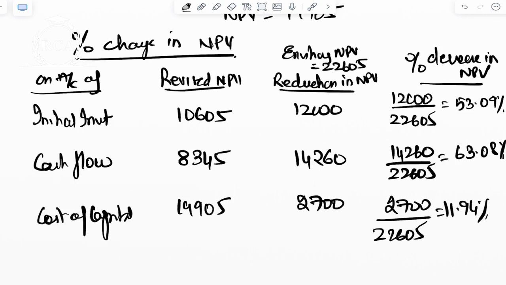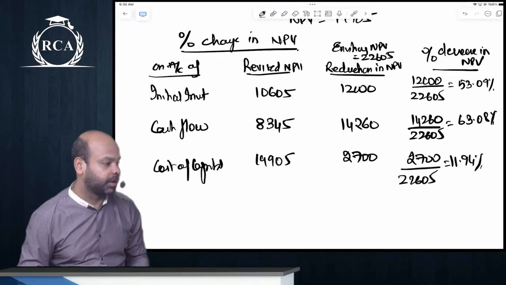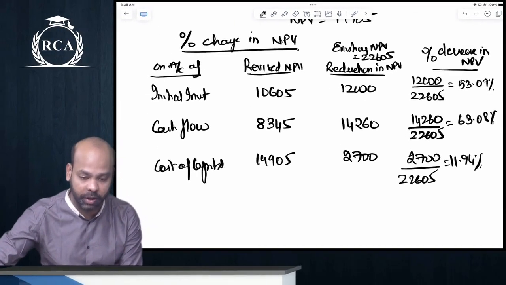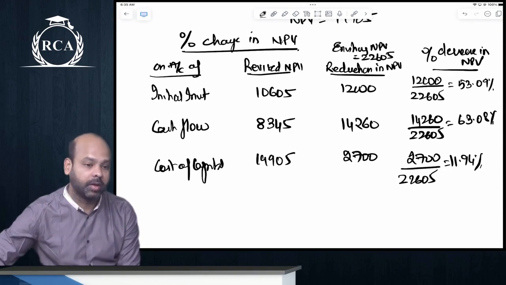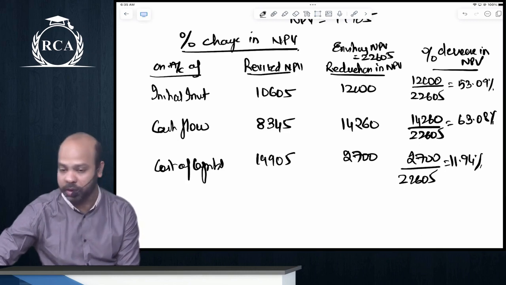What will you write as the conclusion, beta? What is causing the highest adverse impact? Write the conclusion, beta. Once you're done with these percentage computations, guys, add on: cash flow has the highest adverse impact on NPV.